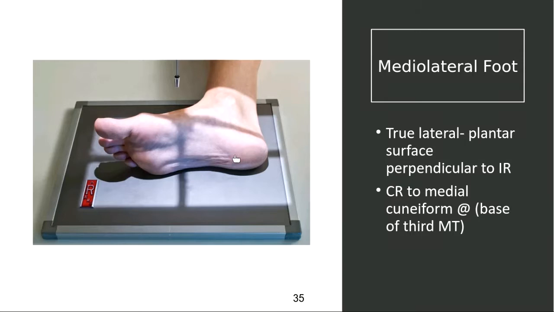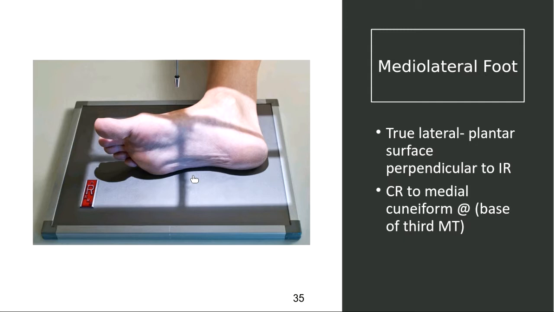So you're going to be looking at the bottom of the patient's foot and making sure that this is perpendicular to the IR. And usually to correct that, you're either going to have to raise or lower their knee. Like if you raise the knee up, it'll change this, and if you lower their knee down, it will change that. So you need to have the plantar surface perpendicular to the IR.